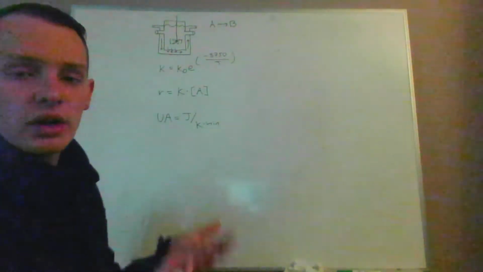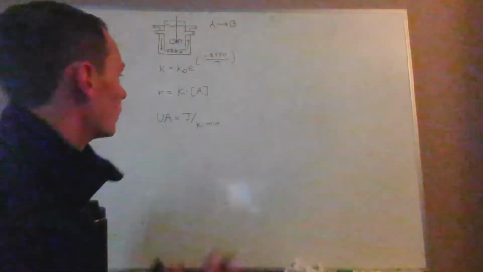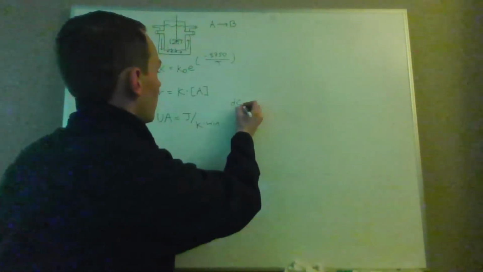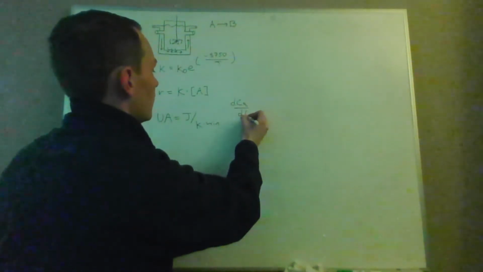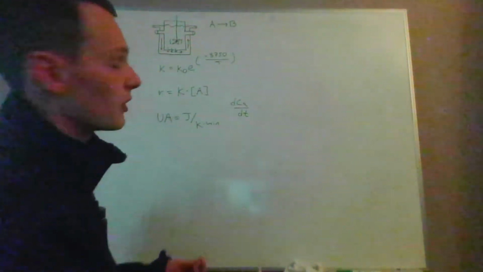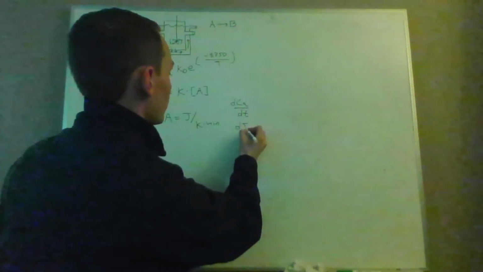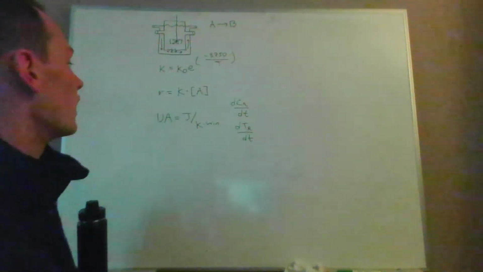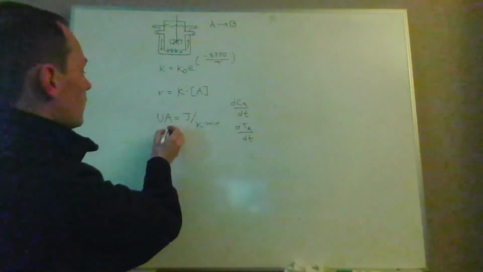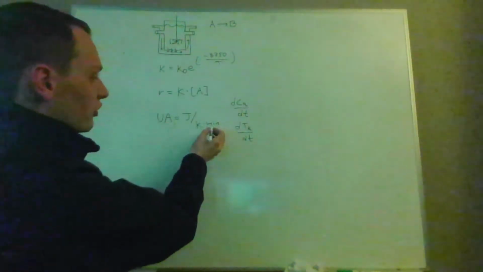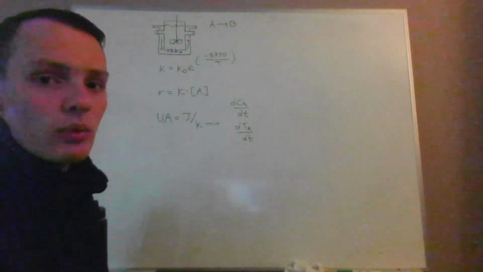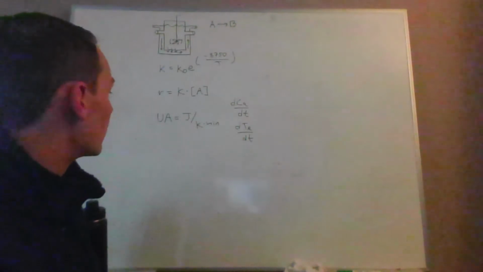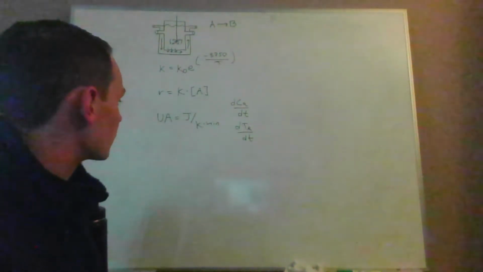Which is good, right? We know that we're going to be dealing with rates. Specifically, we're going to need an equation for how the concentration of A changes with time. And then the problem also said that we're going to need one for the temperature of our reactor, how that's going to change with time. So for all intents and purposes, the joules per minute, that's good. We want the rate of energy change, or in this case, heat transfer.